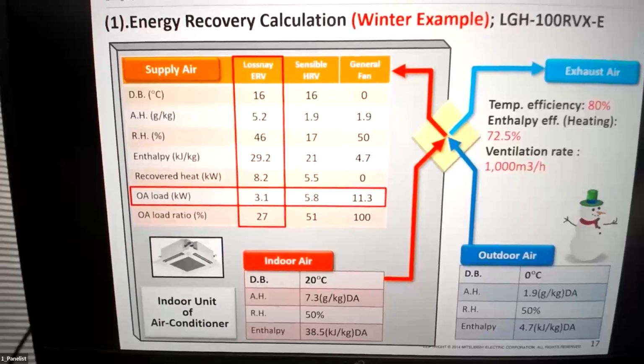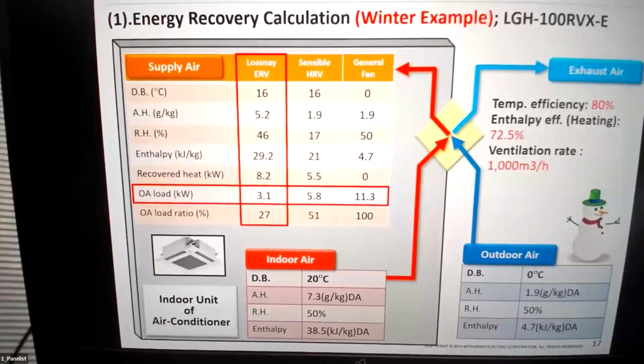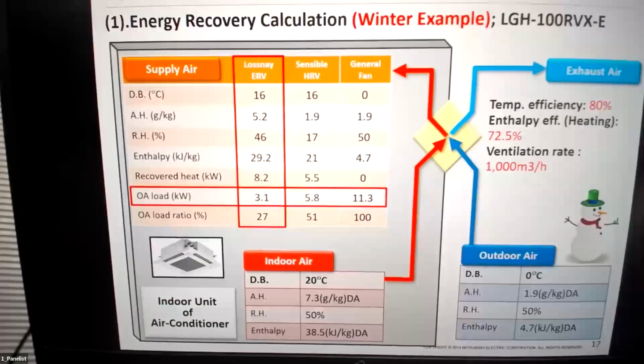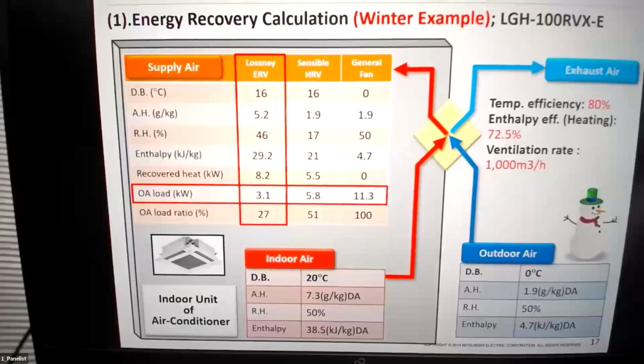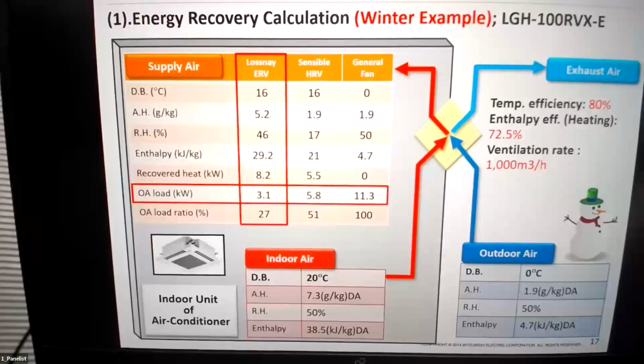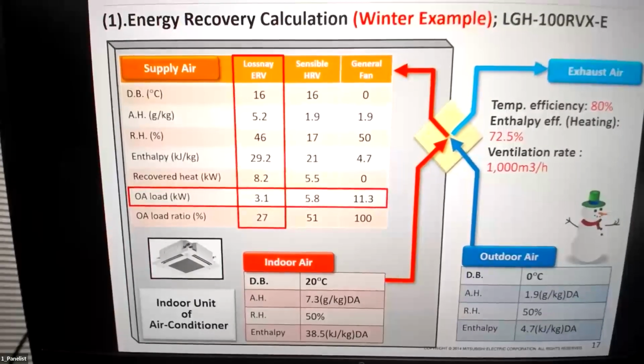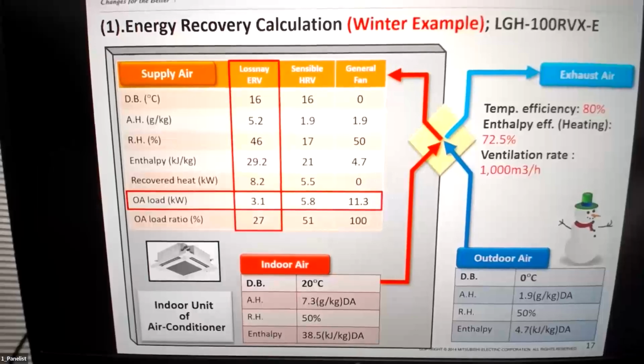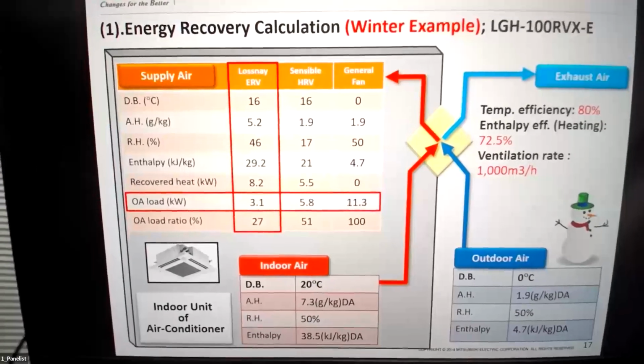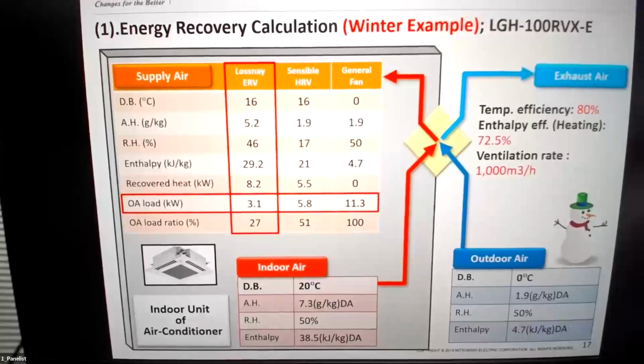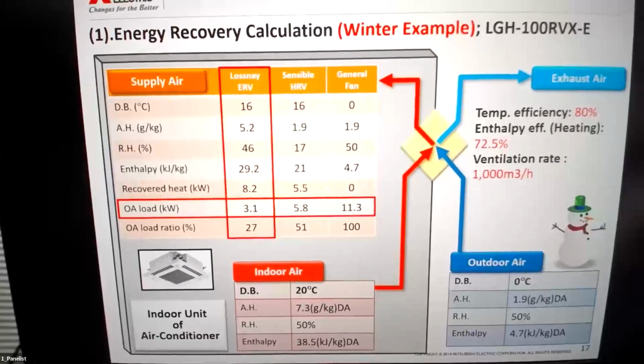Yeah, I agree. So maybe we need lots of choices or study, but choose a bigger size of unit. That means a bigger heat exchanger, and even at higher air volume it can have enough energy recovery.